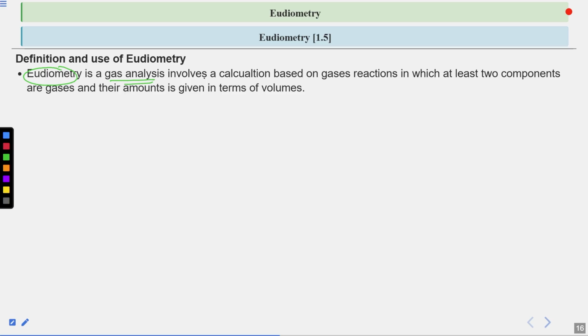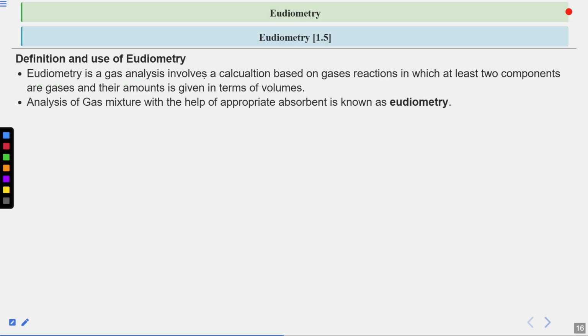So many reactions involve gases, so eudiometry is related to that. And we do it with the help of volume. And this analysis of gas mixture with the help of appropriate absorbent is called eudiometry.